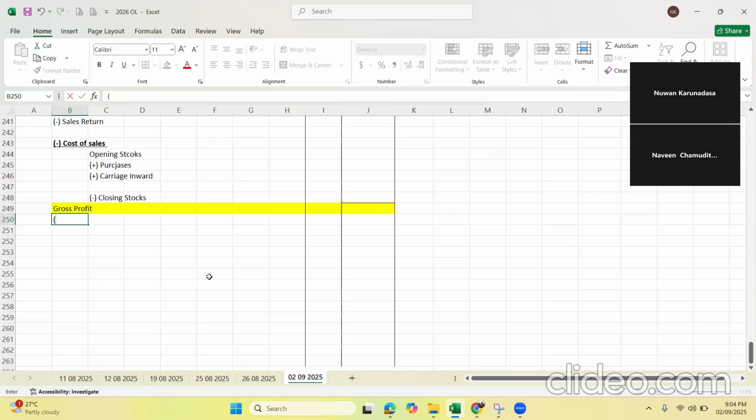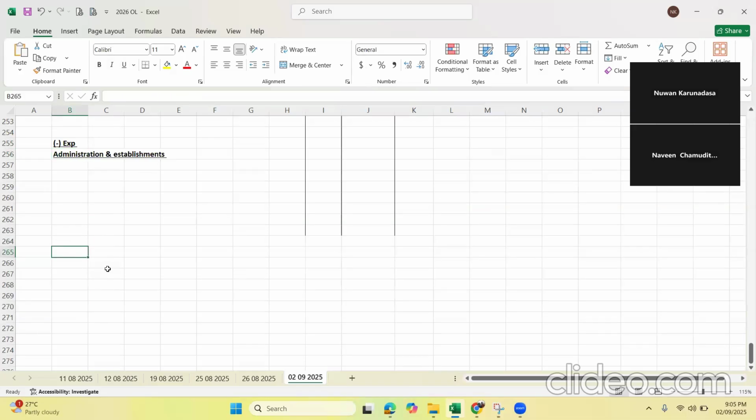Then plus other income, minus expenses. Under the expenses we have to write administration and establishment, then sales and distribution expense, then finance and other expense.